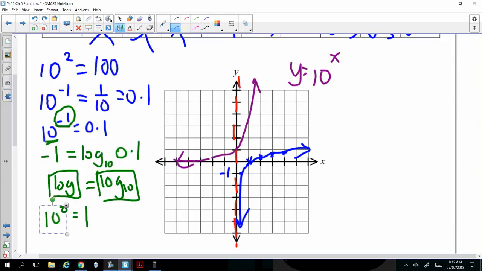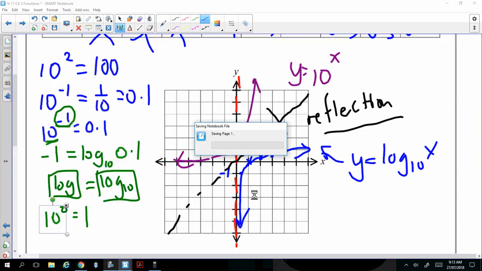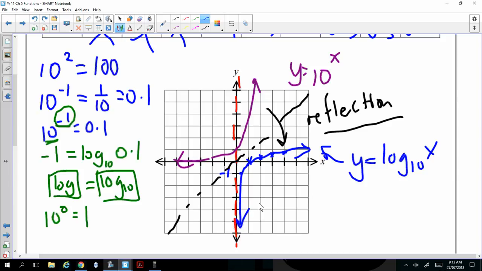Y equals log base 10 of x. So they are related in this way. We'll learn more about that next year, but for now just remember the shape of the log. It's related to the exponential. Okay, let's move on.